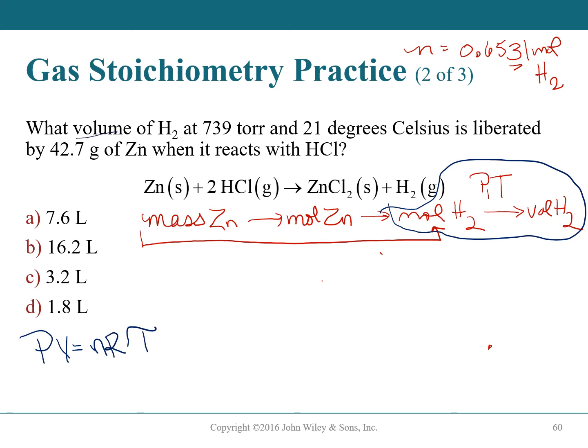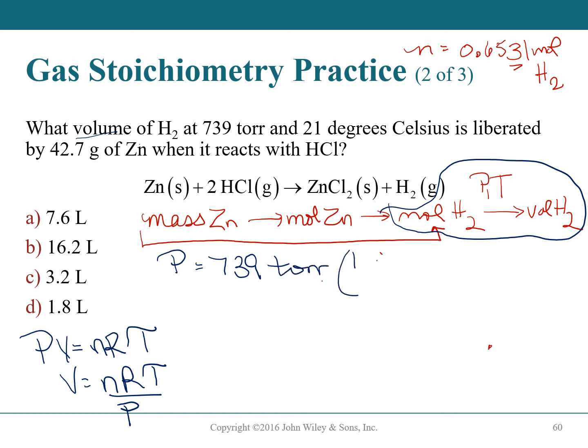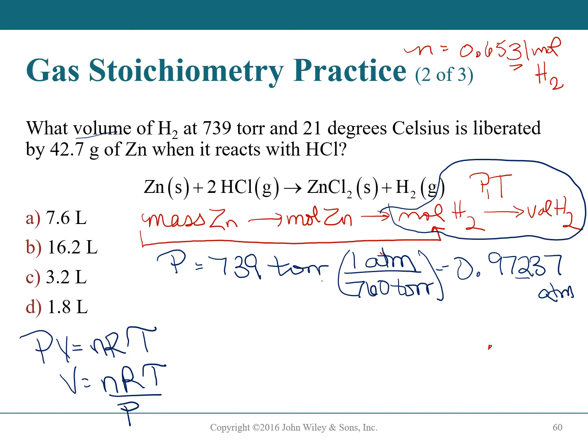We want the volume, so the volume is equal to nRT divided by P. So I have n, we know R. Pressure is in torr, so we need to convert that. And we know that 1 atmosphere is the same as 760 torr. Again, make sure you have your conversion factors in front of you. So that gives us 0.97237 atmospheres, and we will want 3 significant figures on that.